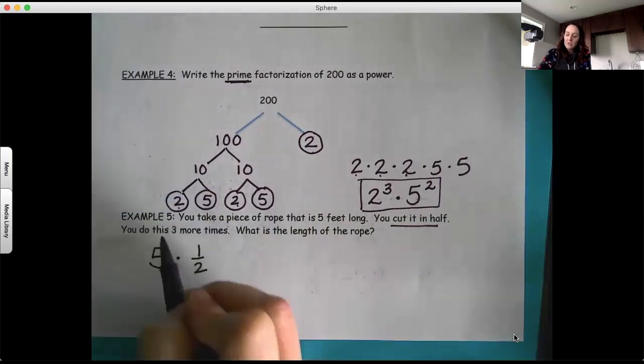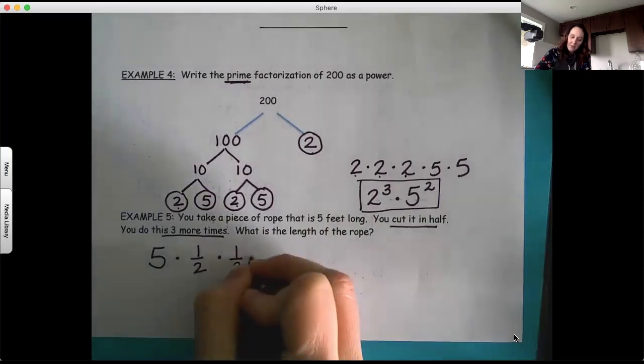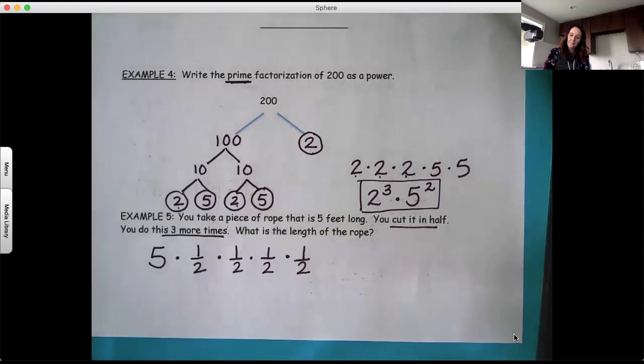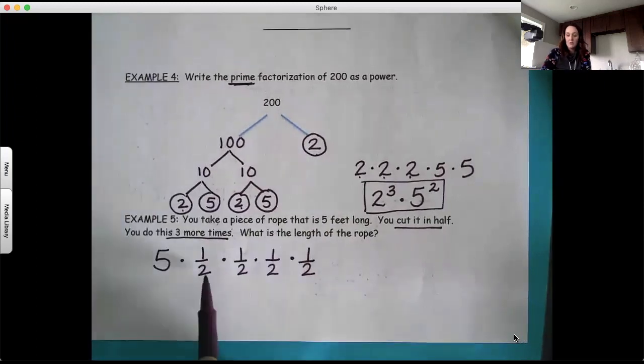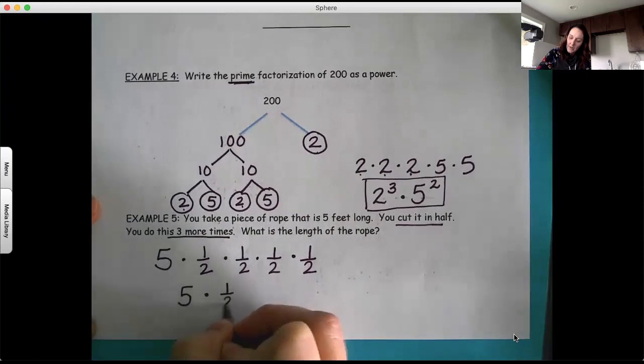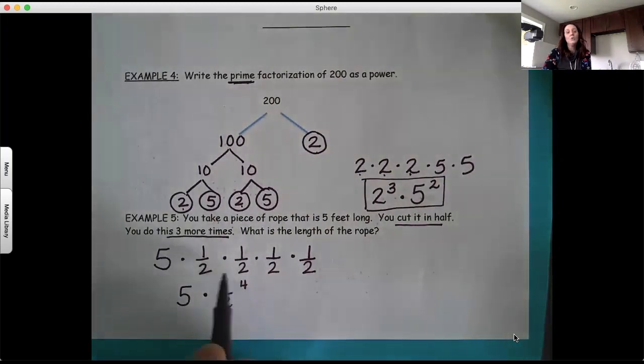Then we're going to do this 3 more times. So we're going to do times 1/2, times 1/2, times 1/2. So for a total of how many 1/2s? 4 of them. So I'm going to rewrite this as 5 times 1/2 to the 4th power. Would that be correct? No, because remember, this 4 is only going to the numerator.